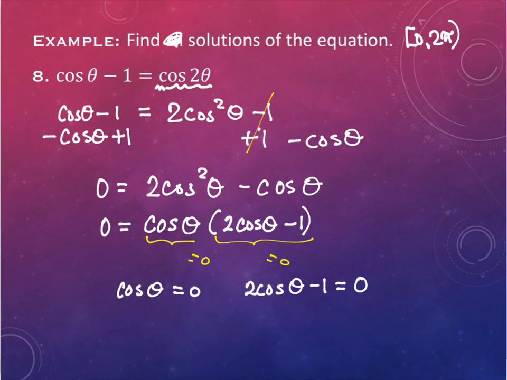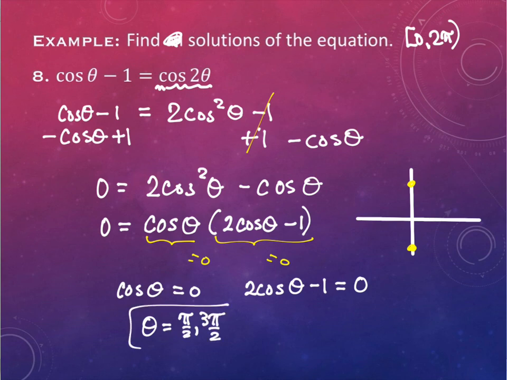Cosine theta equals 0 is almost done for us, so that's the one we're going to start with. And we're thinking, again, unit circle. On the unit circle, where's the cosine equal to 0? It's pi over 2 and 3 pi over 2. So this is my angle. It's at pi over 2 and 3 pi over 2. Half of the problem, half my solutions anyway, are found.